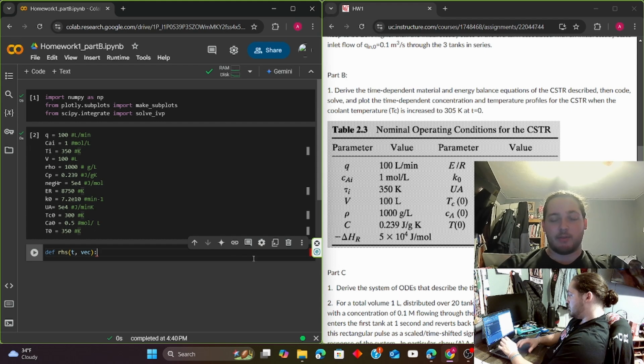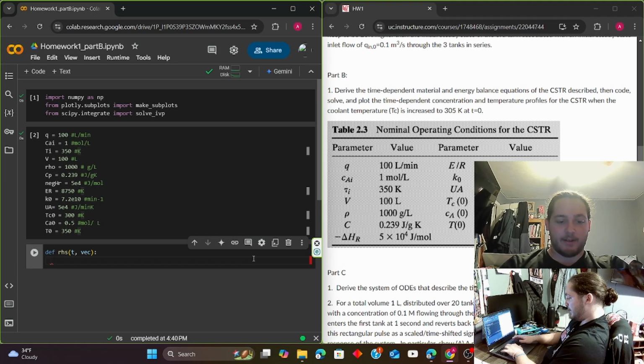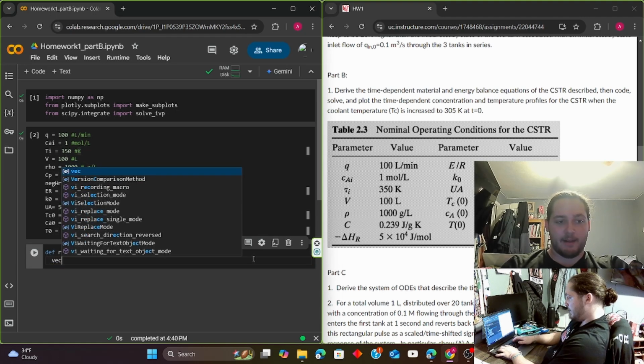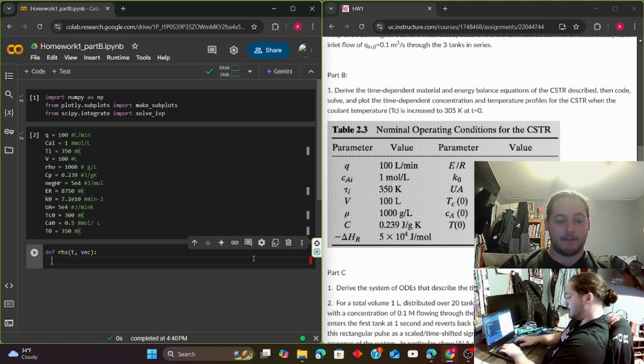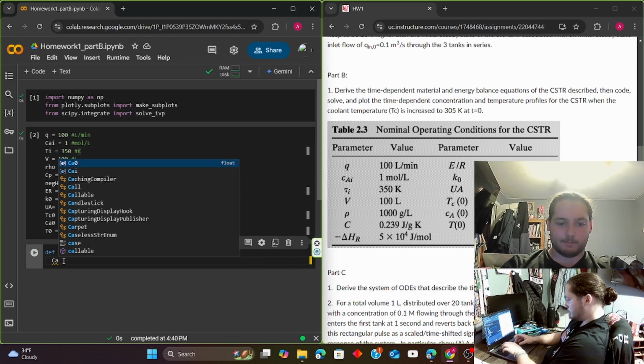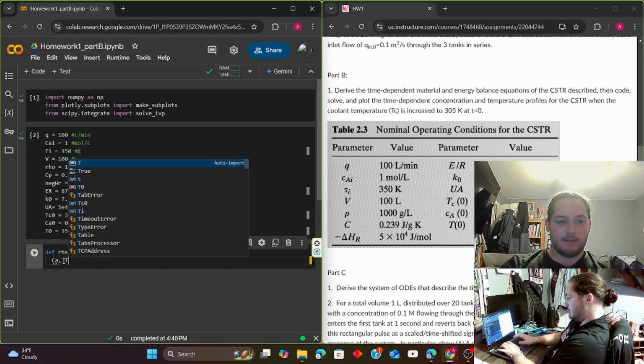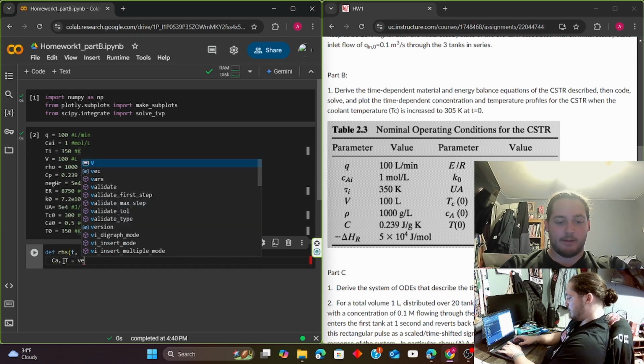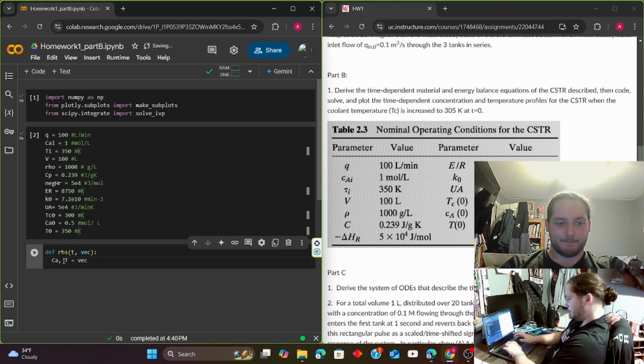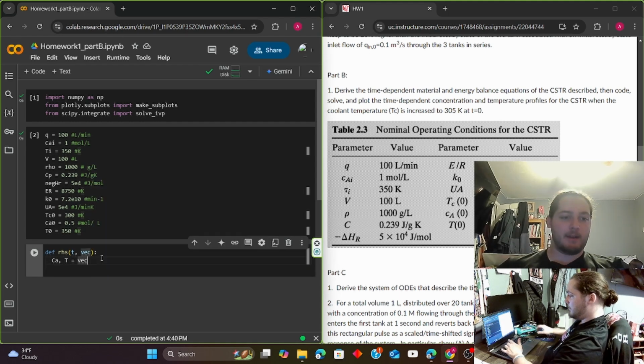We are trying to look at the concentration and temperature profiles. So on our next line, we can define Ca and temperature equal to our vec, our vector unpacked into our concentration and temperature.